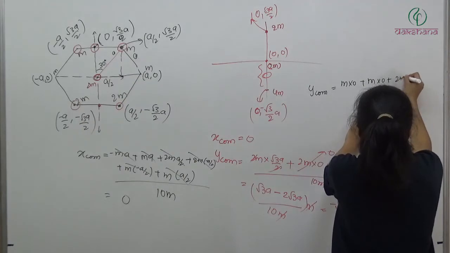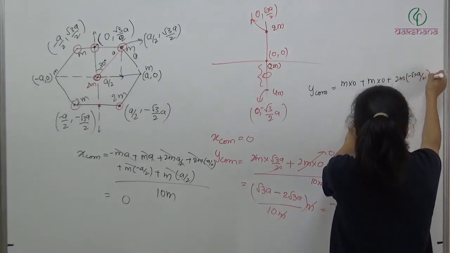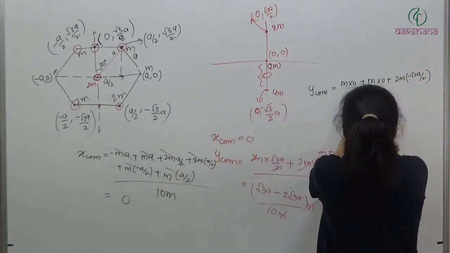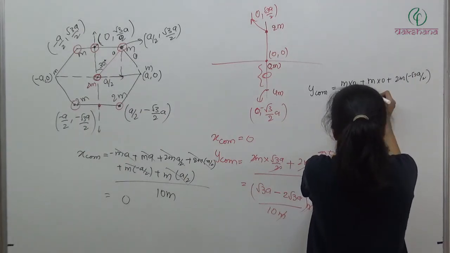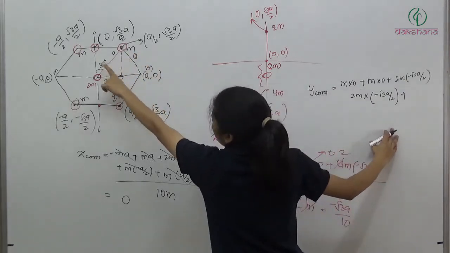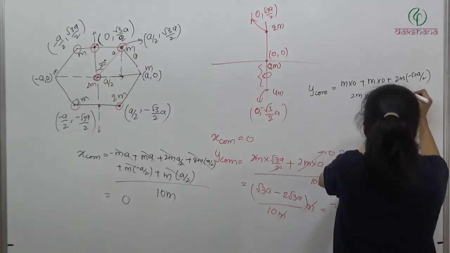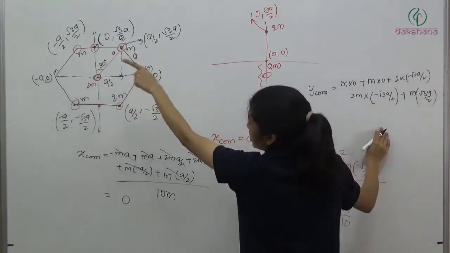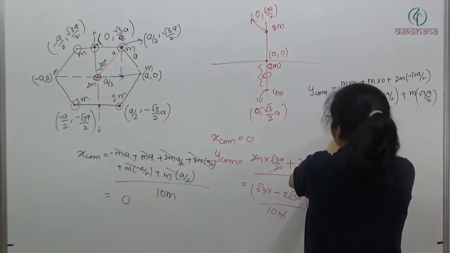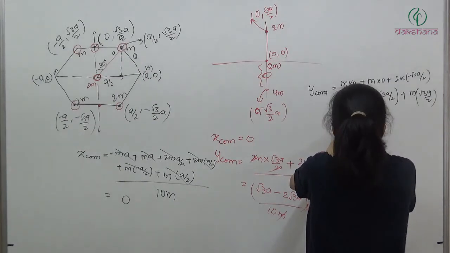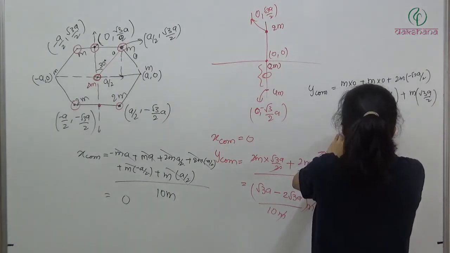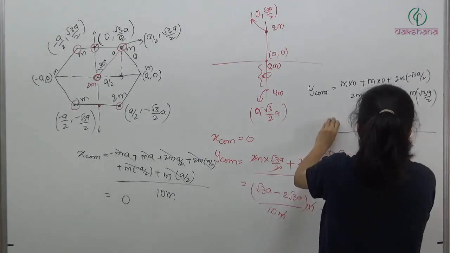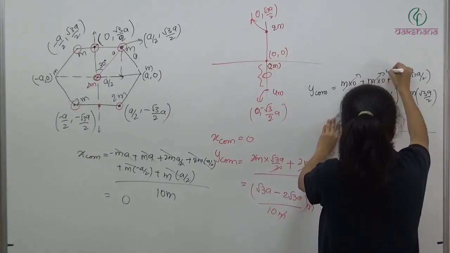So 2m into minus root 3a by 2 plus m4 y4, 2m into minus root 3a by 2, plus m5 y5, m into root 3a by 2, plus m6 y6, so m into root 3a by 2. If you solve this, divided by 10m, again this is 0, this is 0.